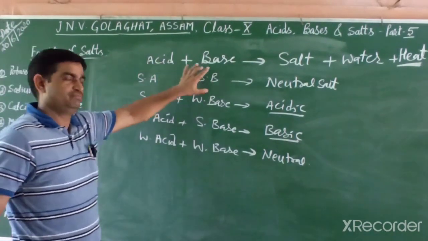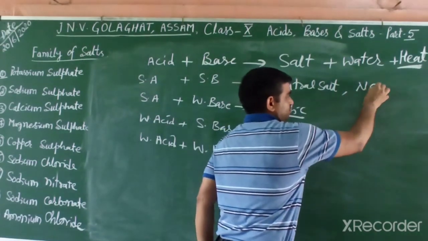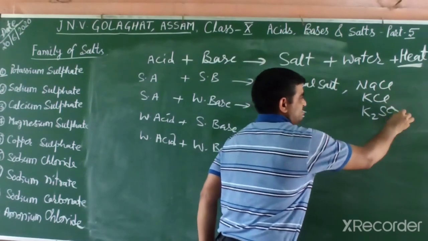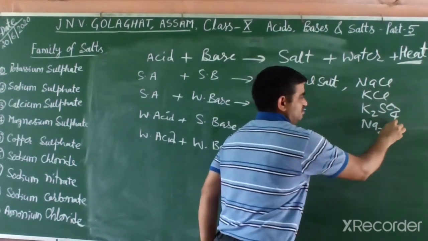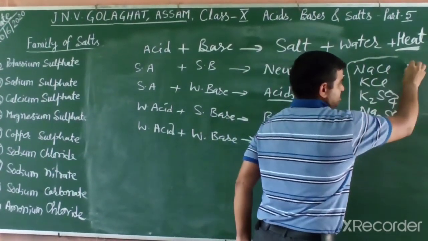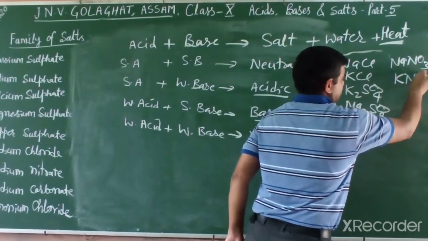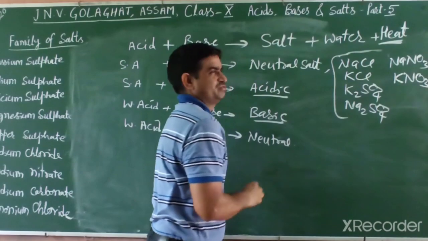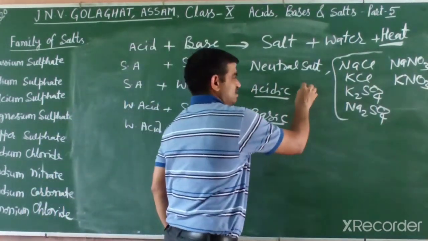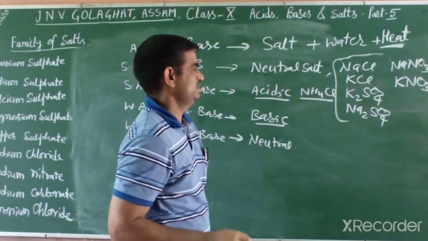So these are our conclusions. If both acid and base are strong, then the salt is neutral. For example, sodium chloride, potassium chloride, potassium sulfate, sodium sulfate, sodium nitrate, potassium nitrate, these are all neutral salts. For acidic salt we can write ammonium chloride. Ammonium chloride is an acidic salt.